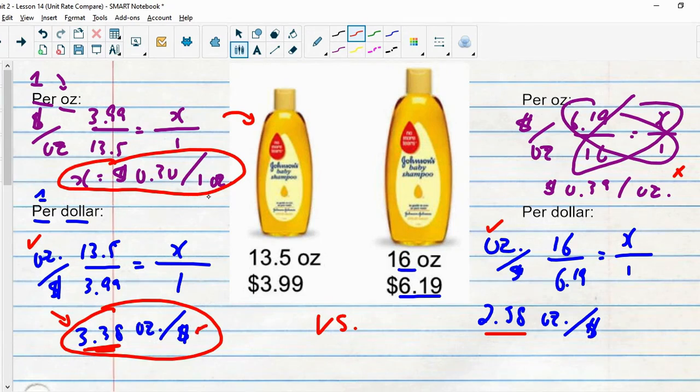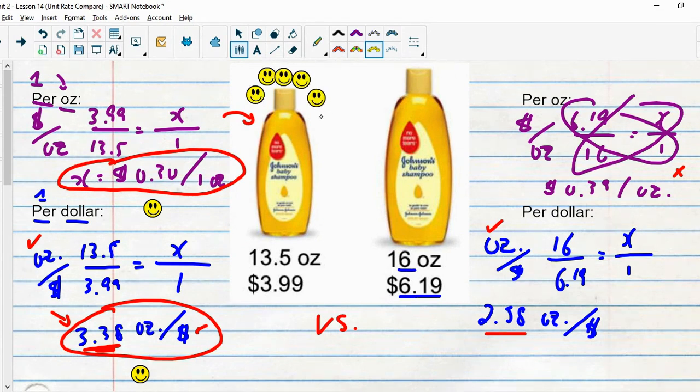Okay? Now, have you noticed in both cases, I'll put a star, okay? Make you happy. In both, let's put a smiley face actually. In both cases, you will realize that you know how I circle both of these? They're the same thing, right? So this one is the better deal, right?